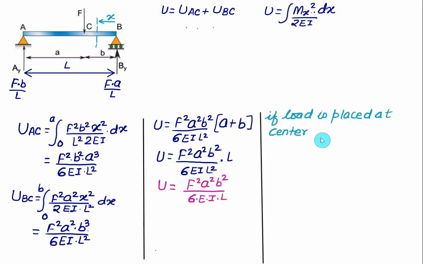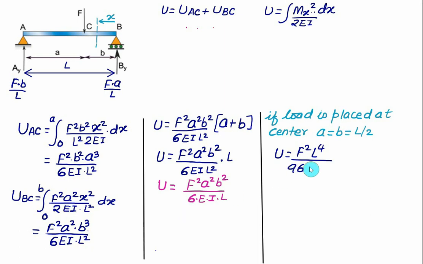If this load is placed at the center, then value of a is same as equal to b is L by 2. So we can calculate this general formula in the case of simply supported beam. If the load is placed at the center, we have U equal to F square. a square will be L square by 4 and this will be again L square by 4. So we have total L to the power 4 divided by 4 and 6, that will be 24 and 96.